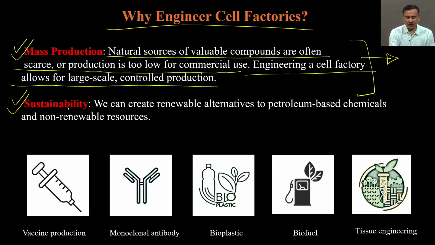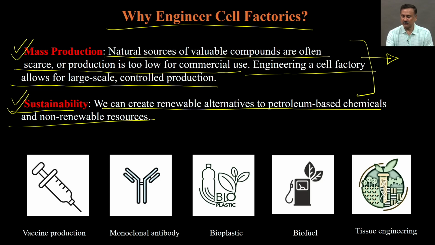And the other point is sustainability. So, we can create renewable alternatives to petroleum based chemicals and non renewable sources, and sustainability is one of the important components, because cellular factories are going to be more sustainable, since they are going to use natural sources.